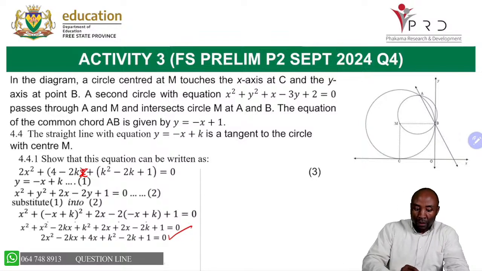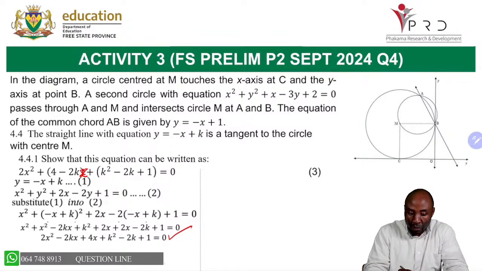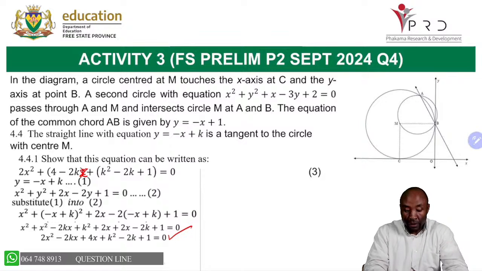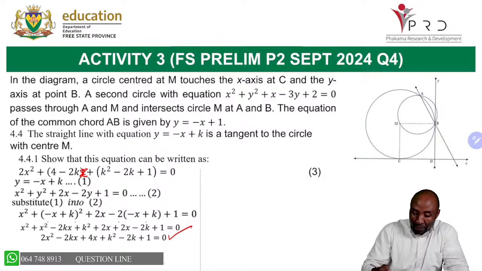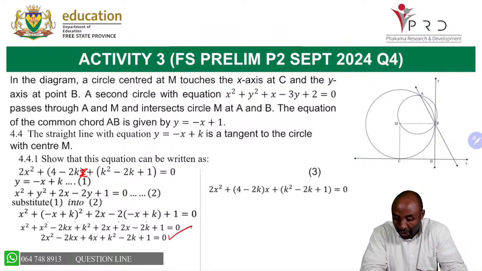Right. So for 4.4.2, remember we are supposed to find the numerical value or the numerical values of k. If you check our equation, we got it as that. Now, for us to find the numerical value of k, we are going to use our discriminant.